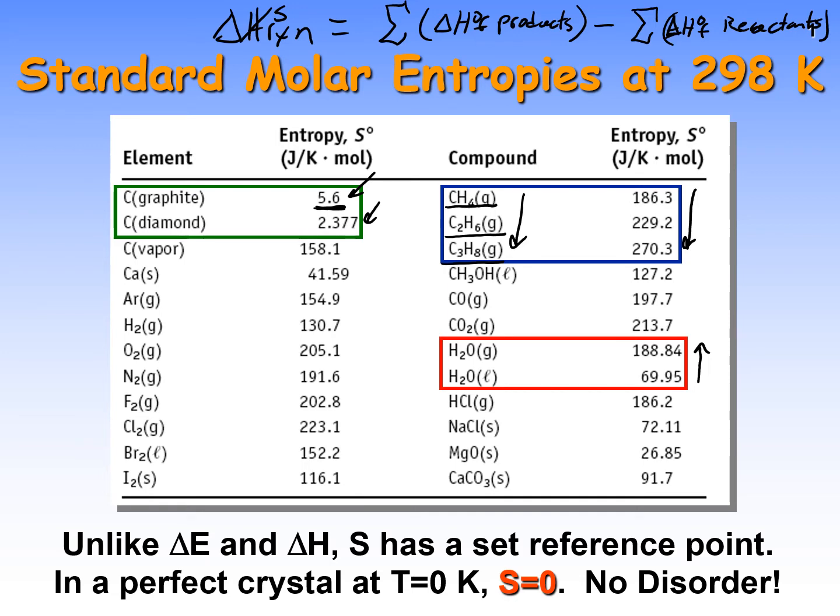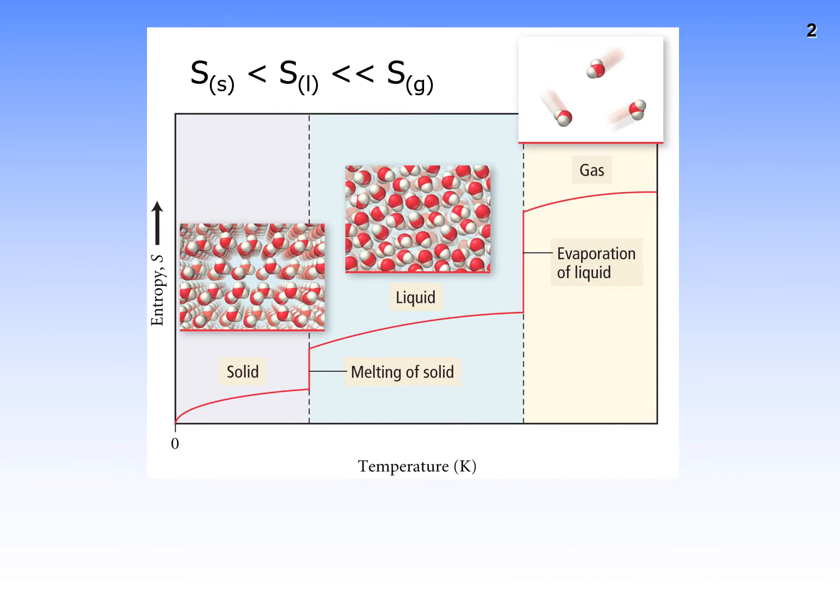All right, so let's continue on. Again, one of the big deals is the S naught values for solid versus liquid versus gas. Solid and liquid are relatively similar, but liquid is definitely a little bit larger. Gases always have much larger entropy values.